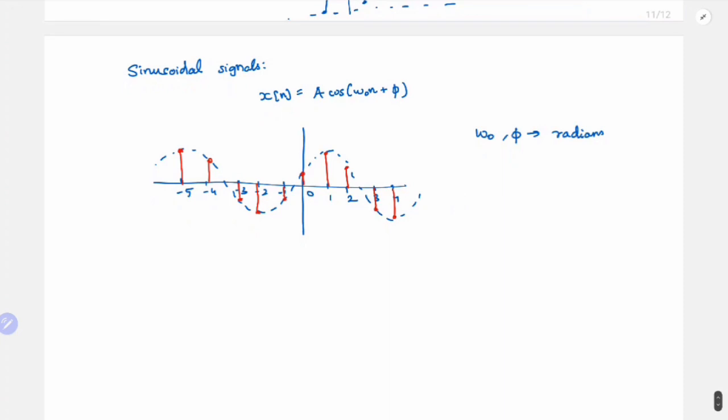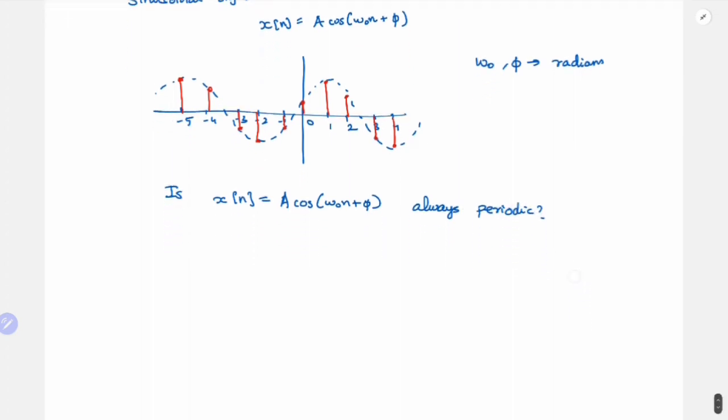So now the question arises, is x of n equal to a cos omega naught n plus phi always periodic? Right? So now let us check that. I will take x of n plus N, which is nothing but cos omega naught n plus omega naught N plus phi.